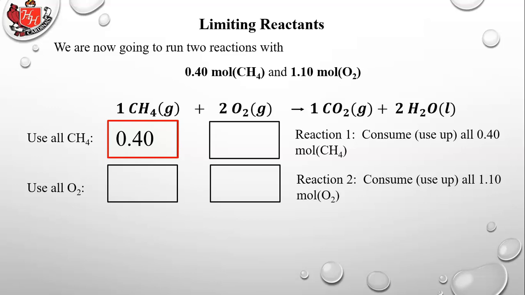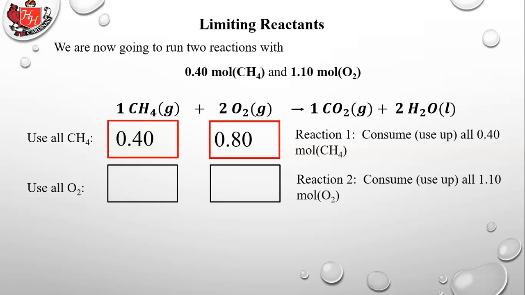Now we ask the question, how much O2 do we need to react all 0.4 moles of CH4? The chemical equation shows us that relationship. We need twice as many moles of O2 as we have moles of CH4. Therefore, we're going to need 2 times 0.4, or 0.80 moles of O2. 2-to-1 relationship.